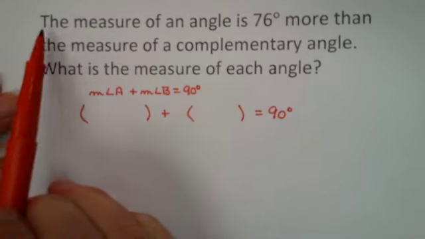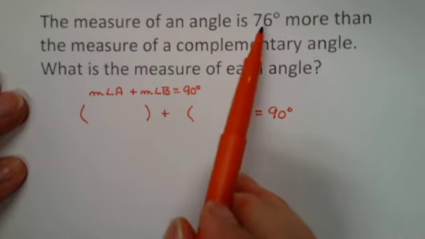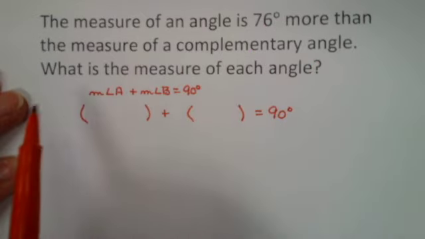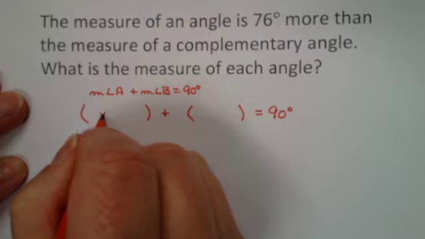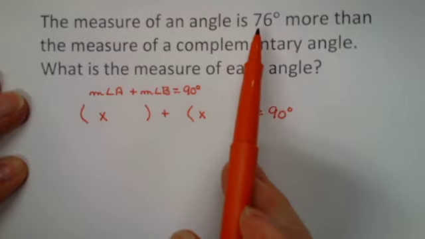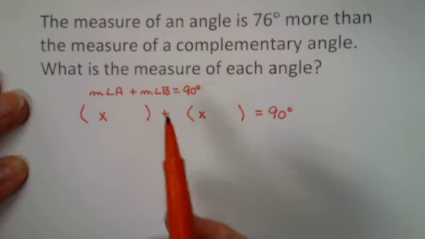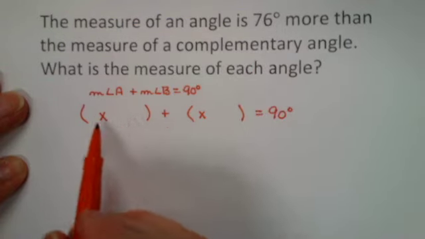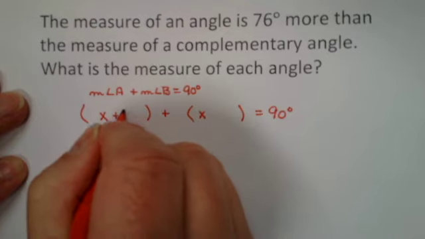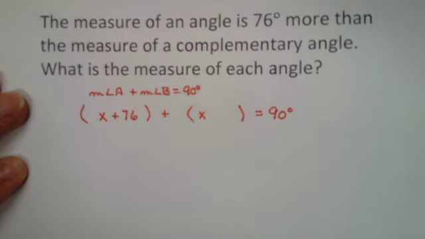So now, the measure of an angle is 76 degrees more than the measure of its complementary angle. I've got 2 angles here. And what do I know about one of these angles? One of these angles is 76 degrees more than the other. So to make this angle 76 degrees more than this one, I'm going to add 76.